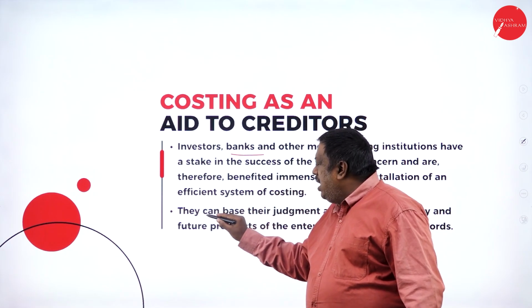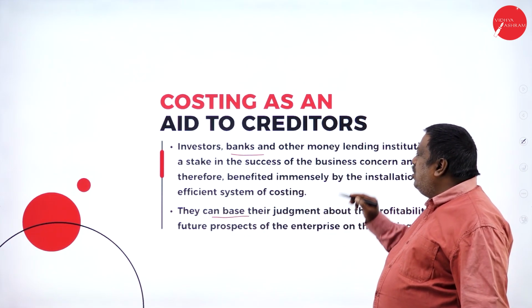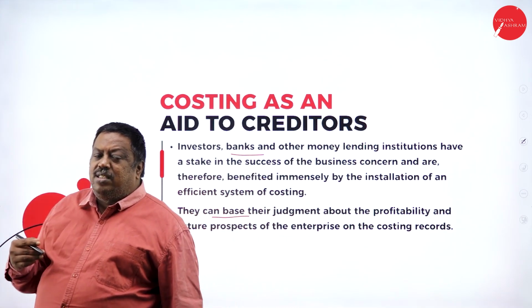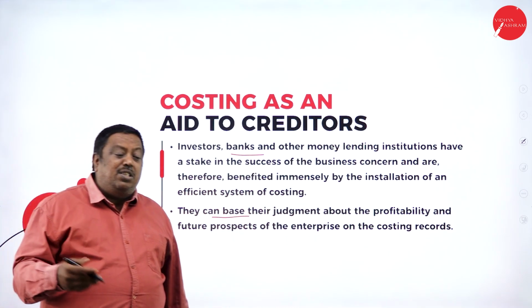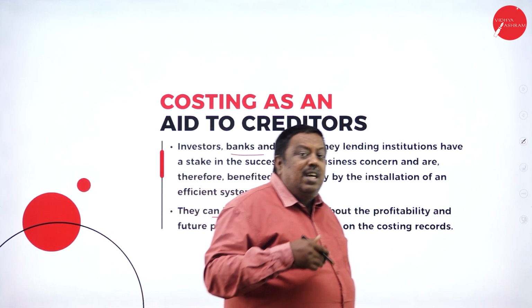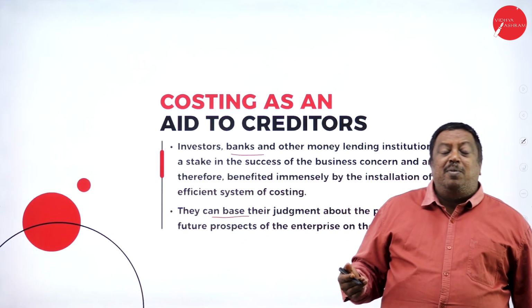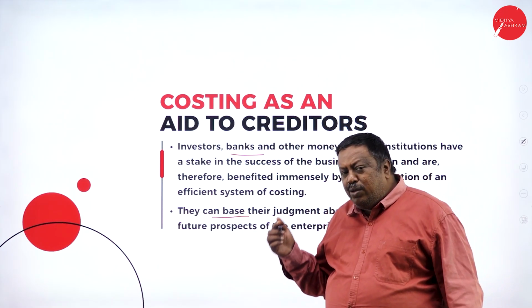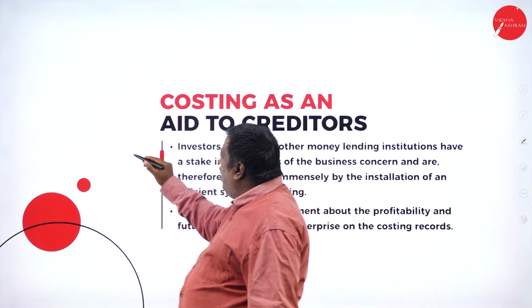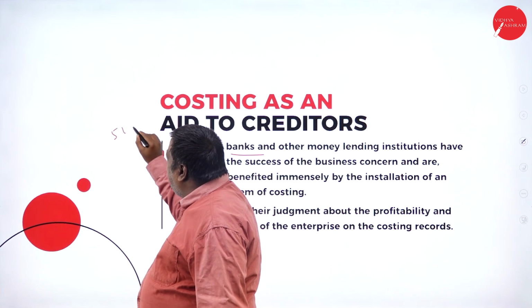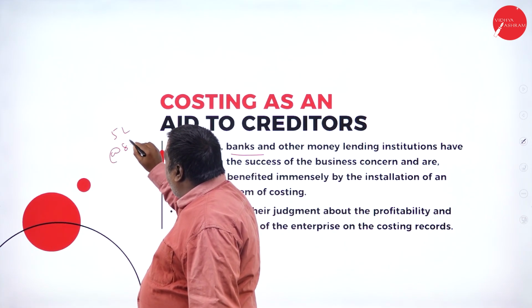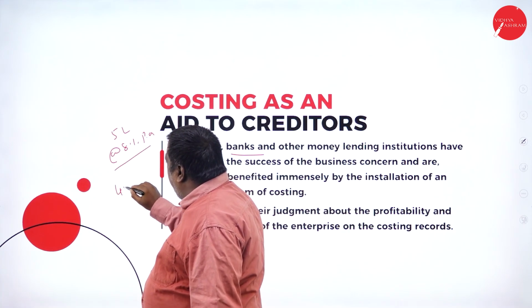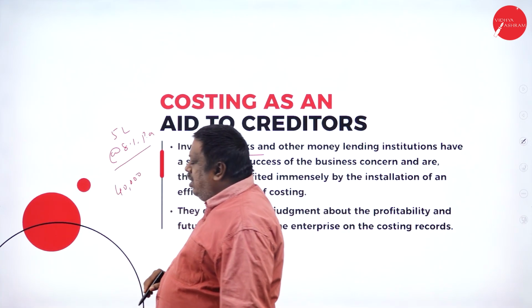Investors and banks can base their judgment on costing. They are saying that investment banks are the people funding for us. If I want to pay the interest on time and refund the principal amount on time, then the actual cost should be known here. When I borrow funds, say 5 lakhs at 8% per annum, it will be 40,000 interest per year.